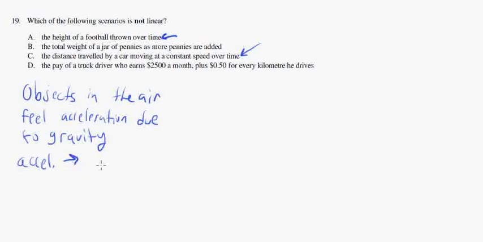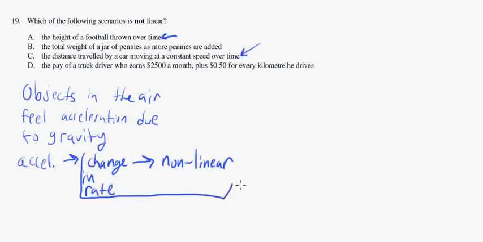Acceleration is a change in a rate. Well, anytime that a rate is changing, this is non-linear. Okay? So if your rate is changing, it is non-linear. So if an object is accelerating due to gravity, it is non-linear.